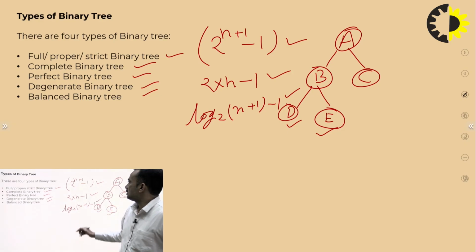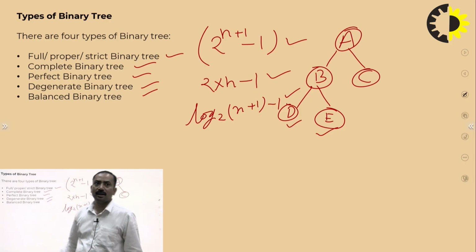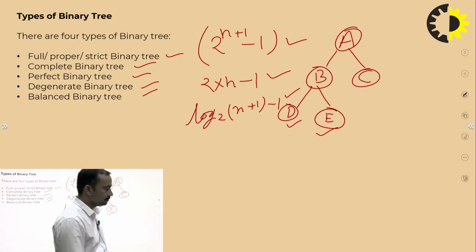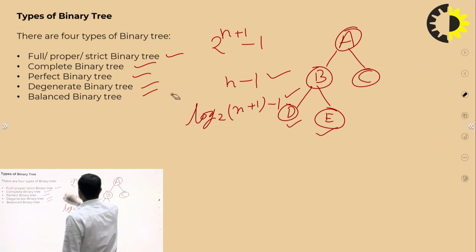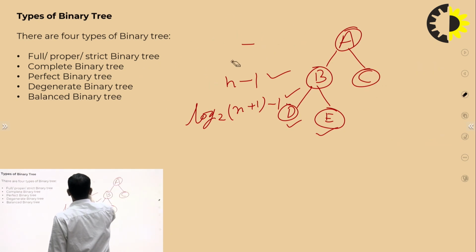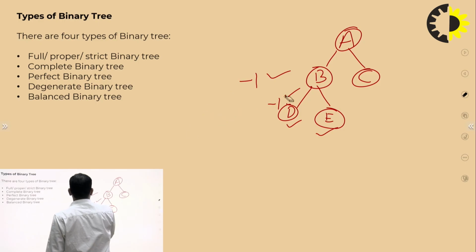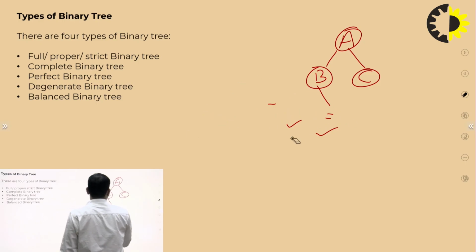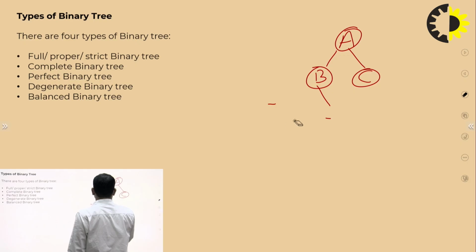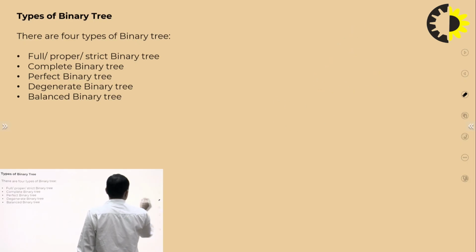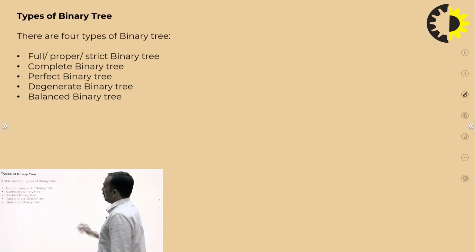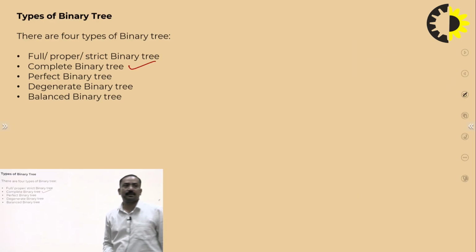Now, second point, a complete binary tree. Then we have a complete binary tree.